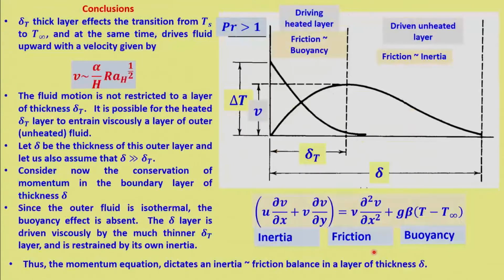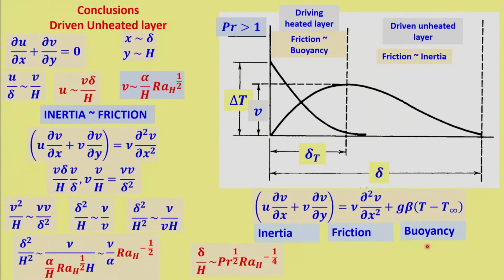So we took the inertia force, the friction force and the buoyancy force. What did we do? We took the scale of u as u, x as delta, not delta t. Please notice that this is delta. So del v by del y is v by h. So we get u is of the order of v delta by h, and v we have already found as alpha by h Rayleigh to the power of half.